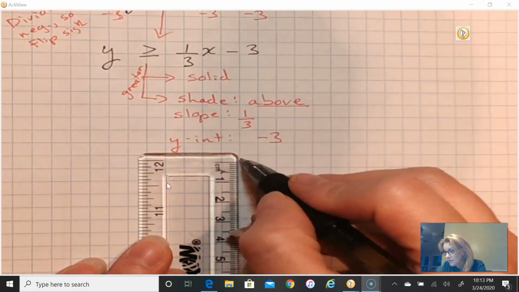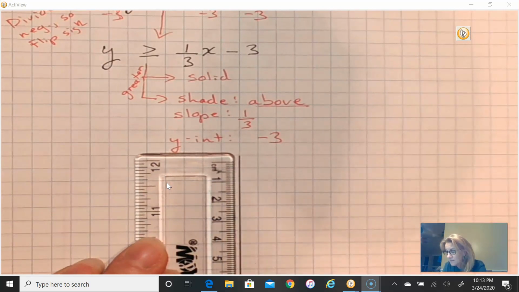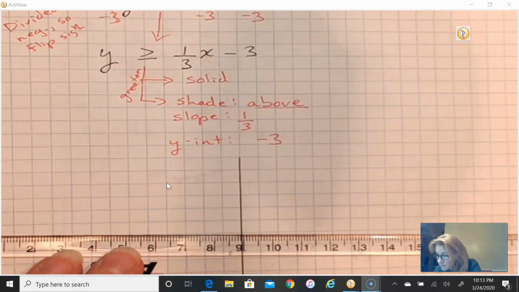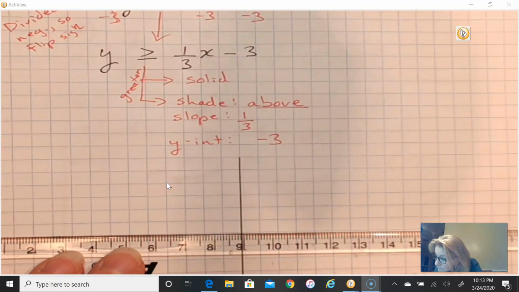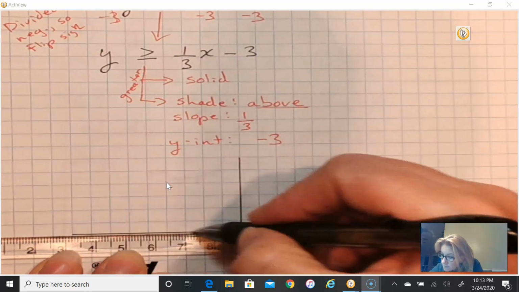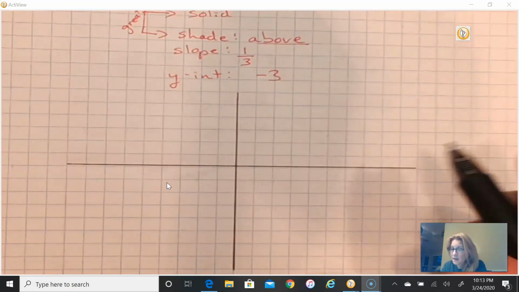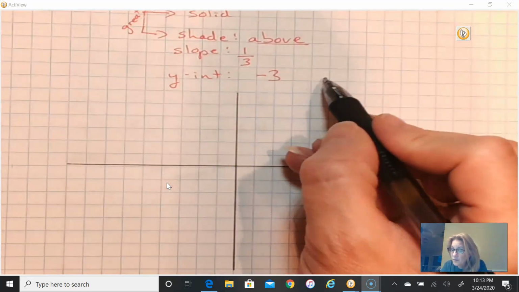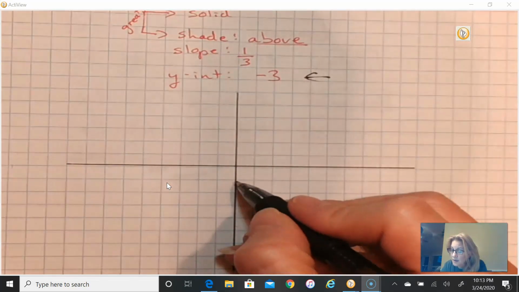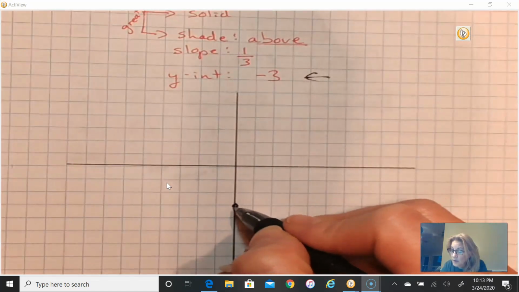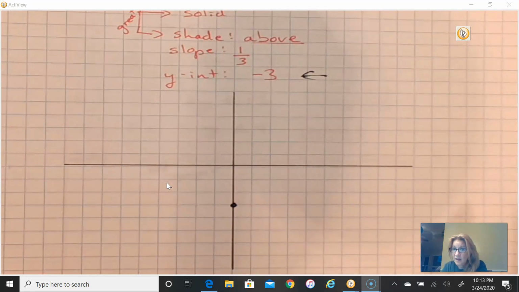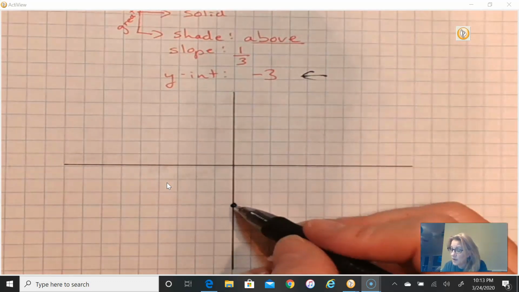Last one of the day. All right. First thing you graph is this right here, negative 3. 1, 2, 3, because it's negative. Slope is 1 over 3.